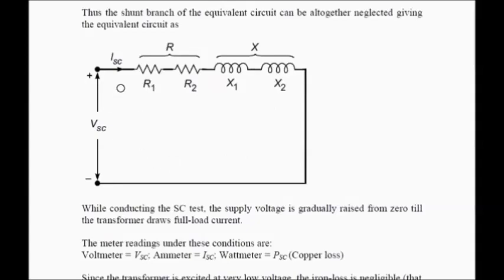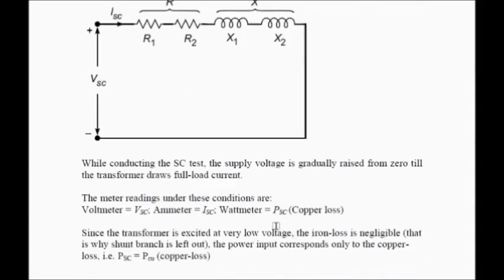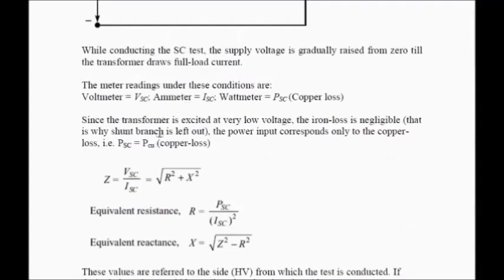Now we have VSC from our voltmeter, ISC from our ammeter, and PSC, which is nothing but copper loss, which is ISC square multiplied by R equivalent. R equivalent is R1 plus R2 from this circuit. So we have VSC, ISC and the I square R loss from the meter readings.